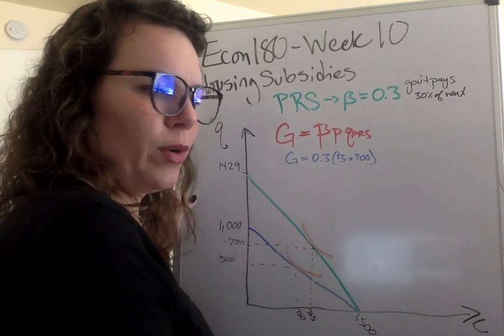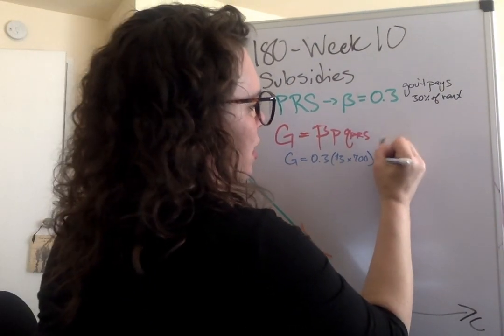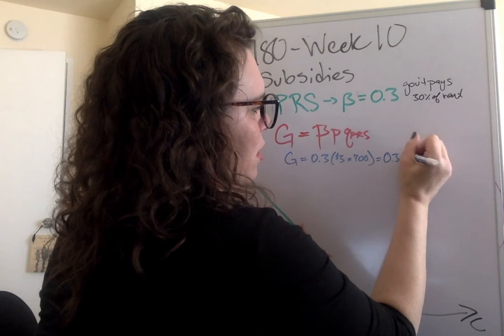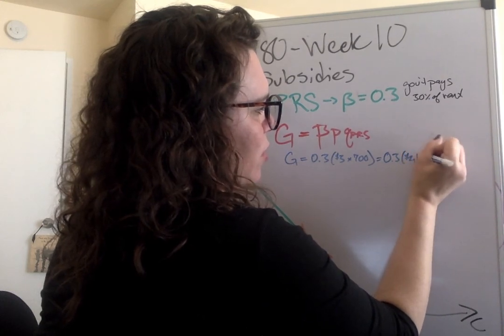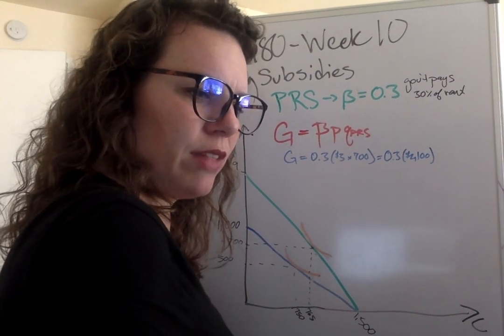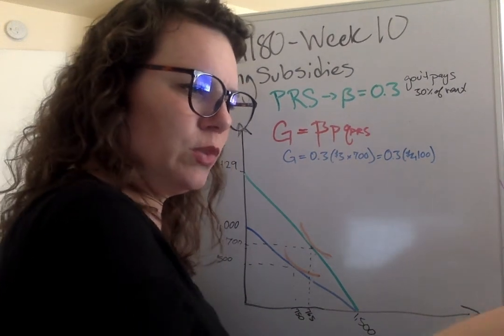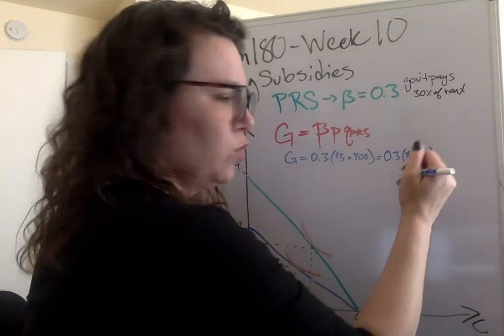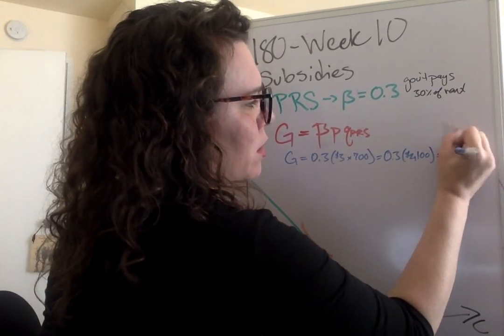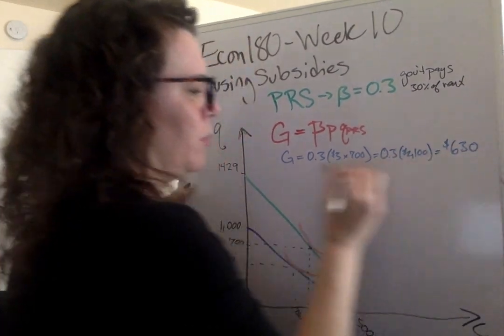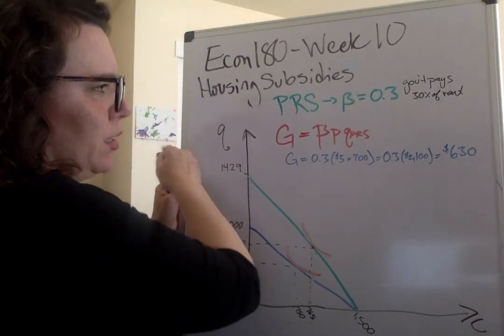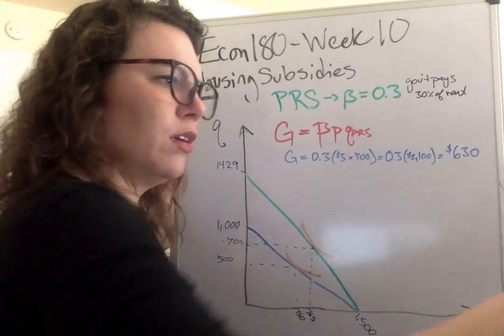So 3 times 700 is $2,100. And so 30% of that expenditure level is going to be $630. So that's our grant. There we go.